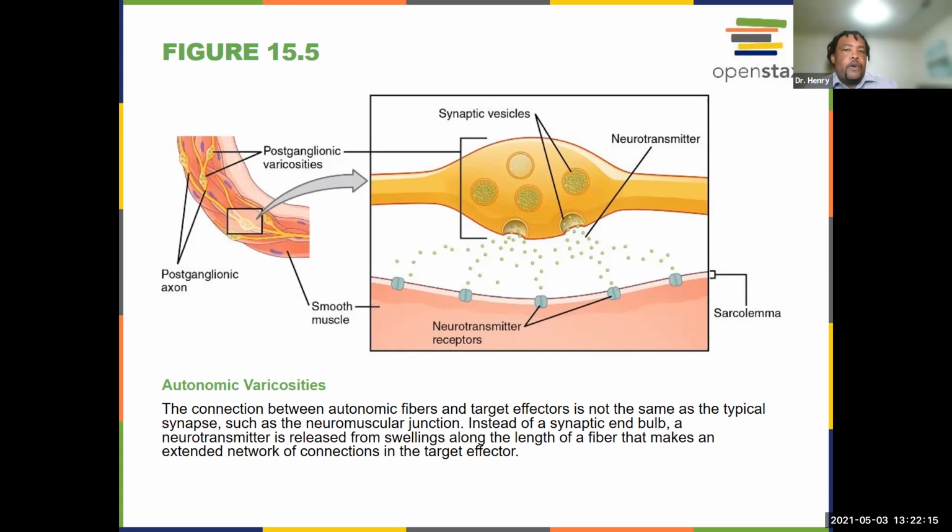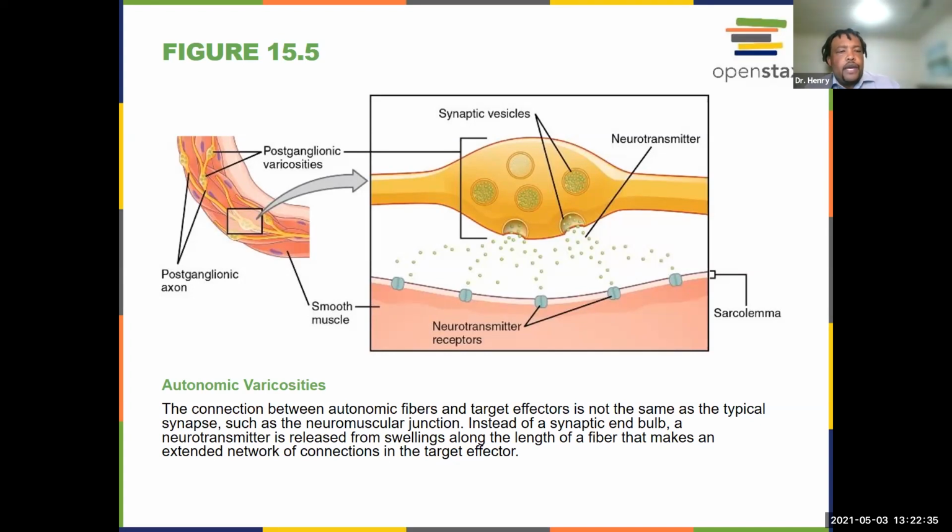Now, you guys remember when we're talking about the autonomic response, we're talking about more of the reflex type response. So these are going to be dealing with the sympathetic and the parasympathetic types of responses that we're making reference to.